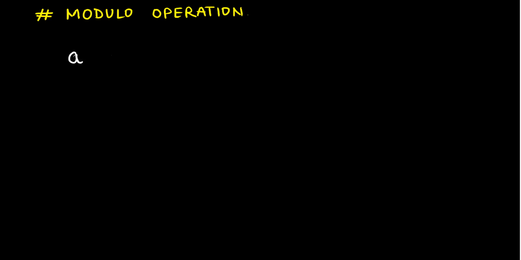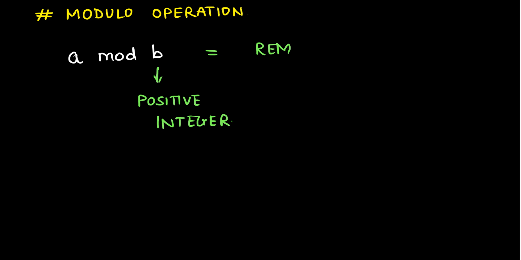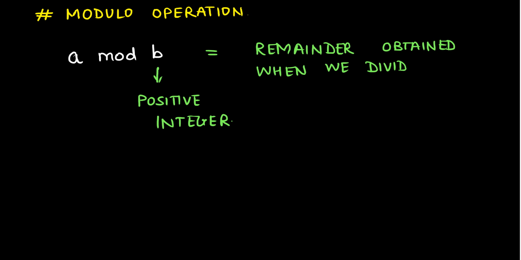If we consider a mod b and consider this b to be a positive integer, then in that case a mod b would be the remainder obtained when we divide a by b.